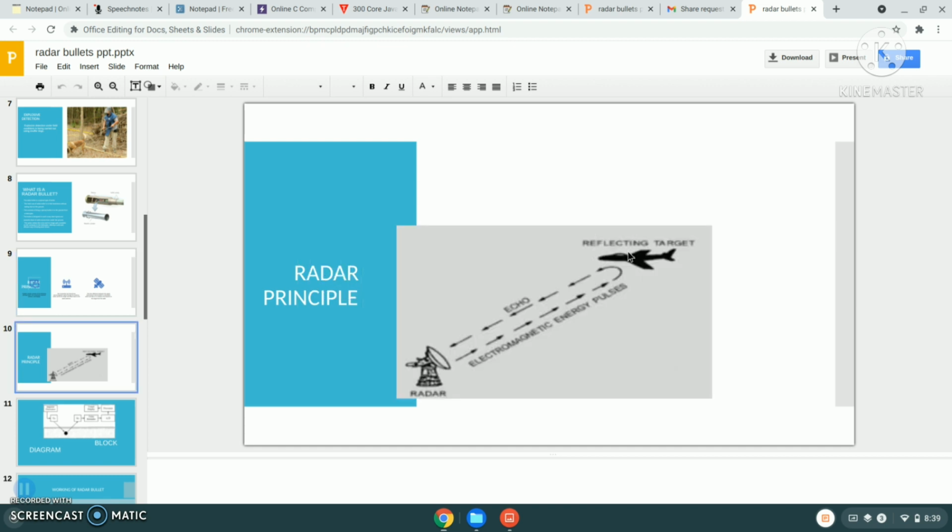Coming to the radar principle. This is the antenna. It transmits electromagnetic energy pulses through the transmitter, hits the target, and reflects back echo signals. This is the basic radar principle on which radar bullets work and detect the landmines.